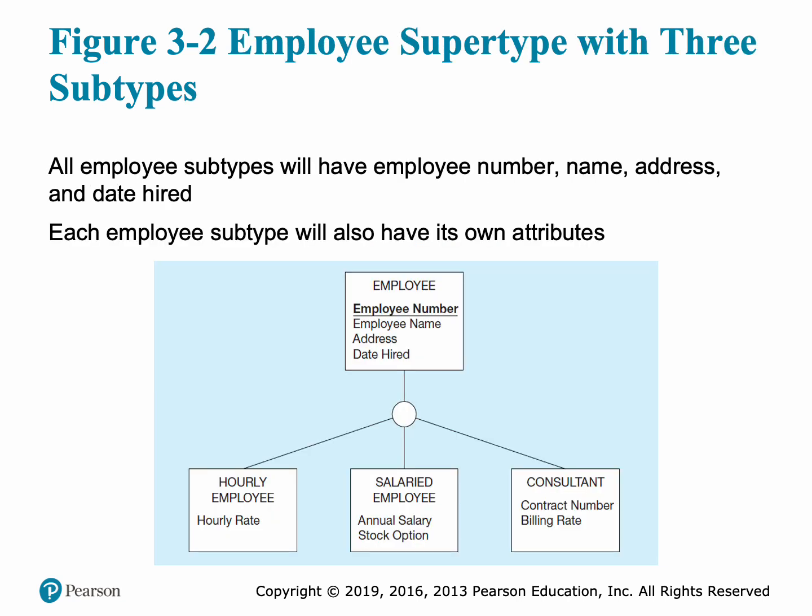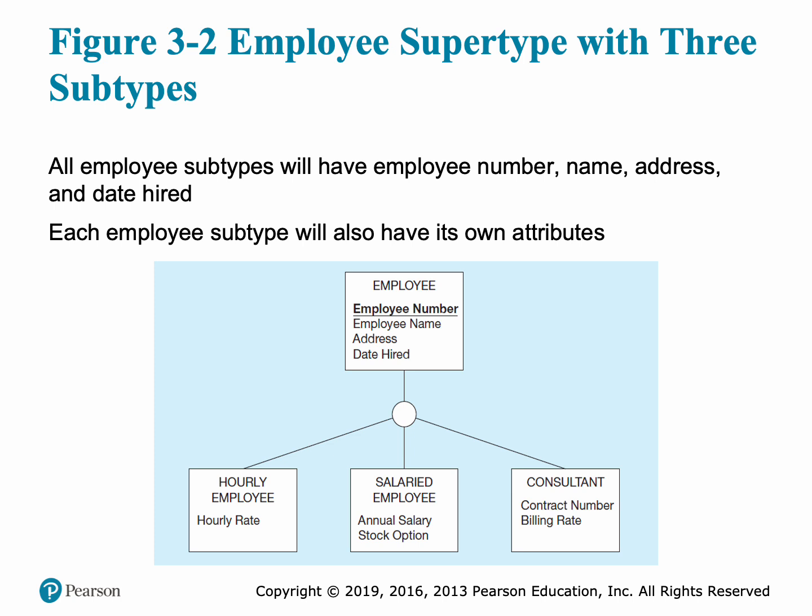So it makes sense to model supertypes and subtypes if certain attributes or relationships apply only to a subset of the total entity types, whereas others are shared across the entire entity type. In this case, all employees have names, addresses, and hire dates, but only hourly employees have hourly rates.